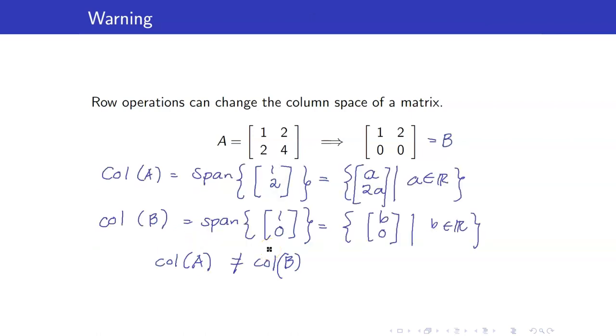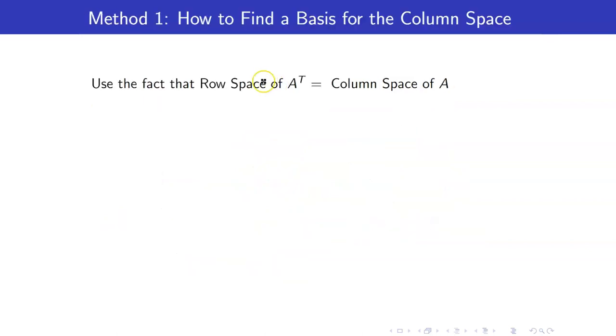So now, if the column space of a matrix and its row echelon form are not the same, how do we get a basis for the column space of a matrix? This is what we use. We use the fact that the row space of A transpose is the same as the column space of A. It makes sense because all we had to do was to transform the columns of A into rows.